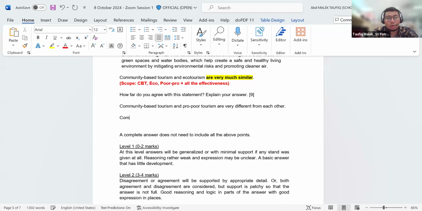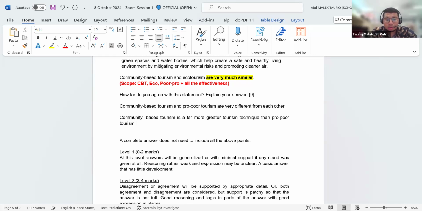Or it can also be community-based tourism is a far more greater tourism technique to improve world tourism.